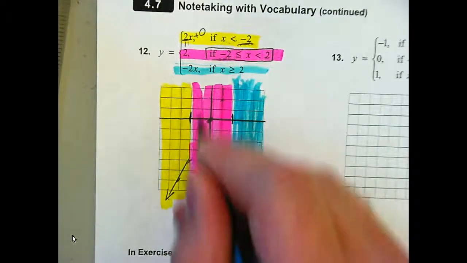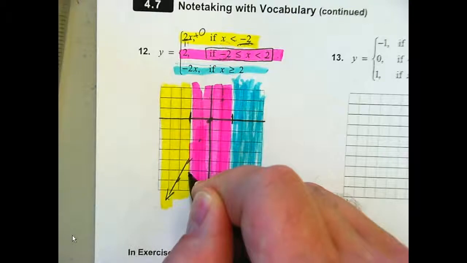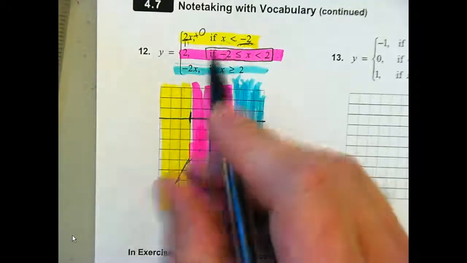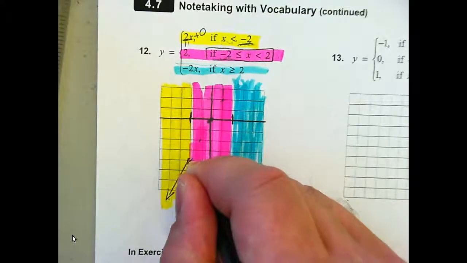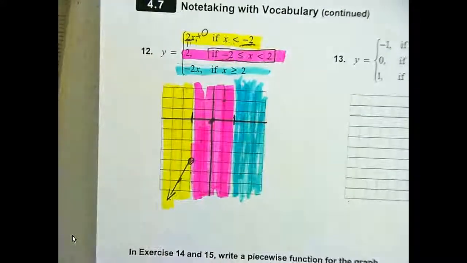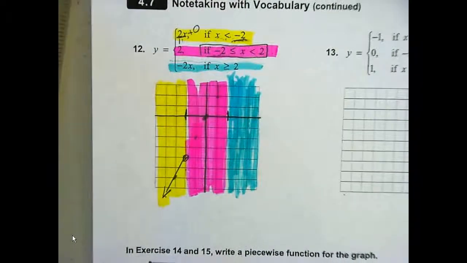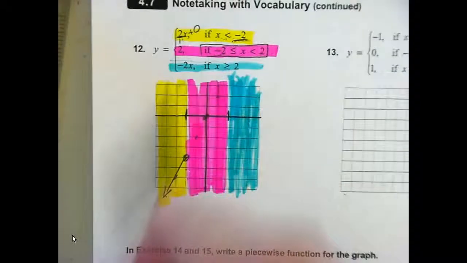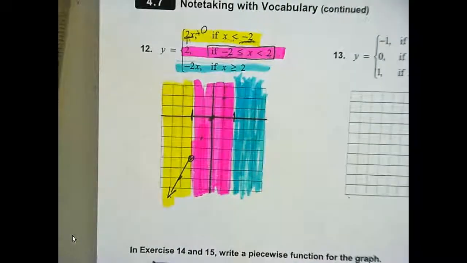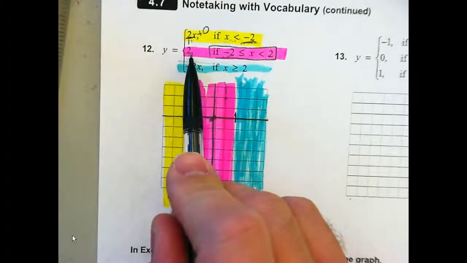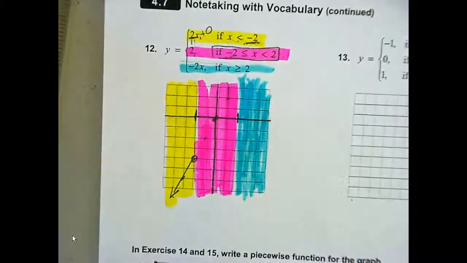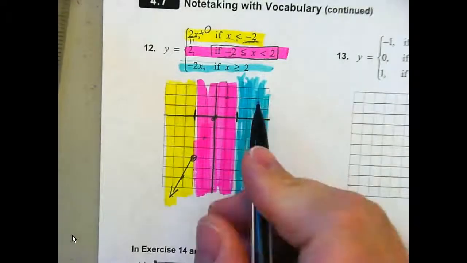Could it actually be negative 2? Does it say equal to? No. So this would have to be open circle right there. So we have that first part done. In the pink area, it says y equals 2.